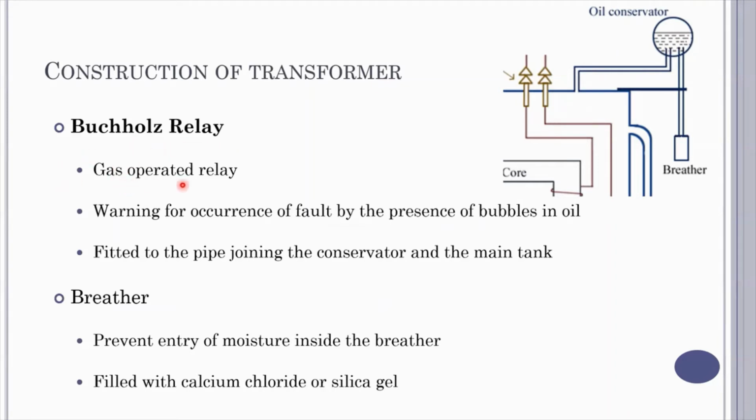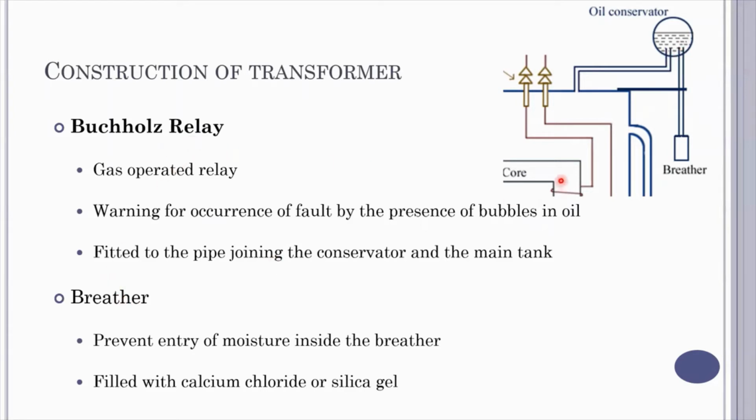Buchholz relay is a gas operated relay, and it gives warning before a fault is going to occur. Okay, so even before a fault could occur, if we could anticipate a fault due to the presence of bubbles in the oil, or due to the reduction in the level of oil, then the Buchholz relay helps us to identify that.